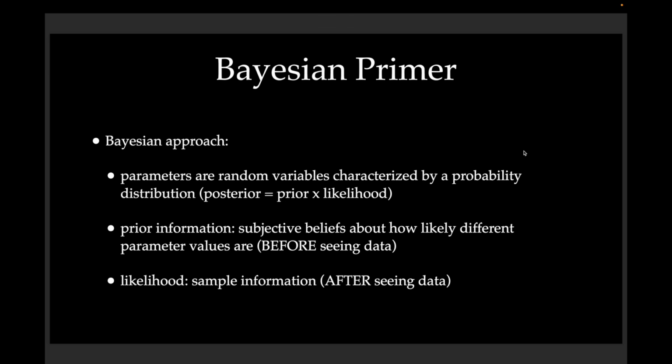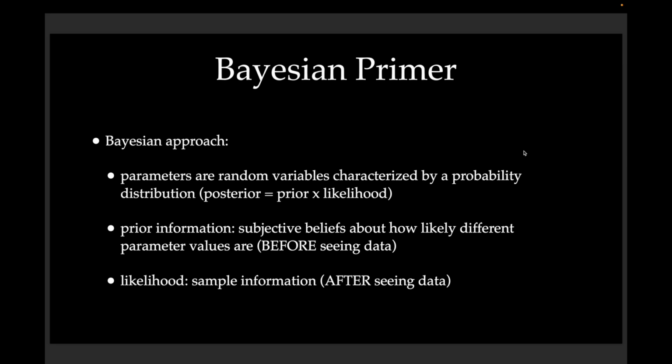The Bayesian approach is, philosophically speaking, different. Okay, so there is not one true parameter vector, but parameters are random variables characterized by a probability distribution. And we call this probability distribution the posterior distribution. It combines two things: the priors, that is information that I have before seeing the data, times the likelihood, that is the information stemming from the data.